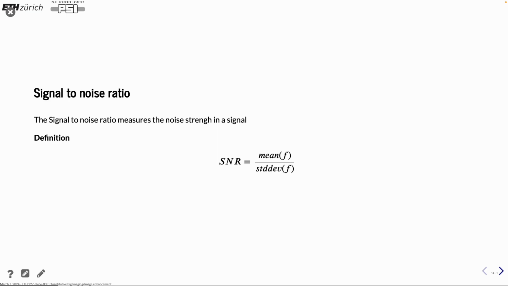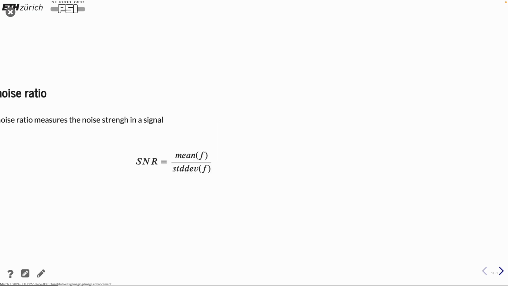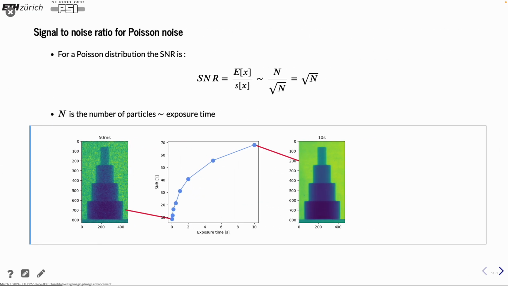So you divide the intensity by how much it fluctuates. And a way to see it is here. For example, for the Poisson distribution, it nicely comes out that the signal-to-noise ratio is proportional to the square root of the number of counted events.